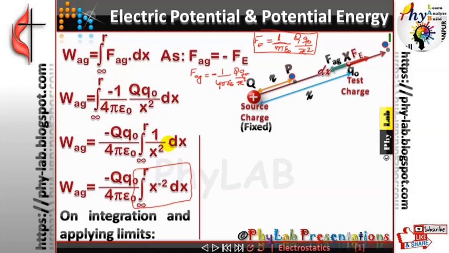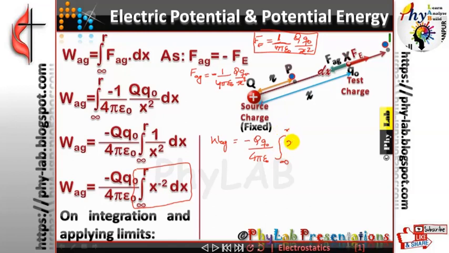So the work done by the agent will be, you have done it, I am just doing it for you also, minus Q naught, the constants outside the integration, 4 pi epsilon naught, integral of x to the power of n dx, what was the integration, friends? It was x to the power of n plus 1 upon n plus 1.